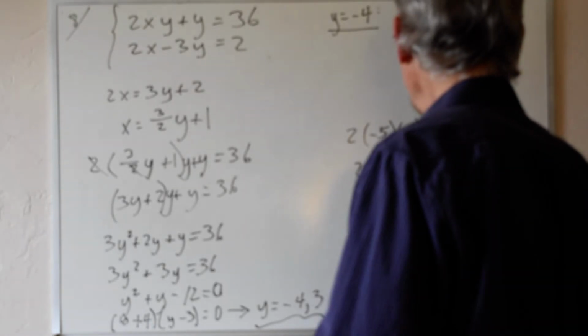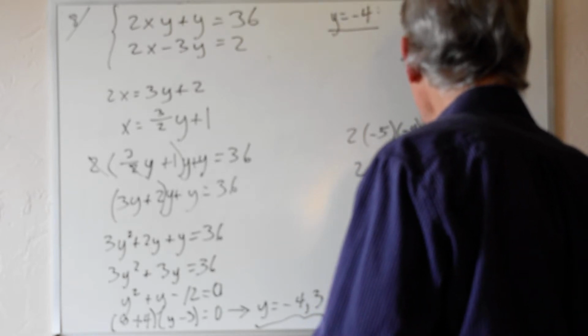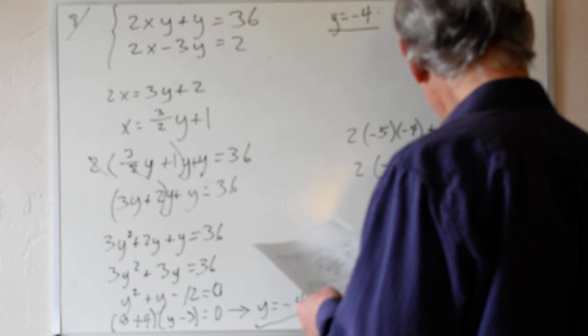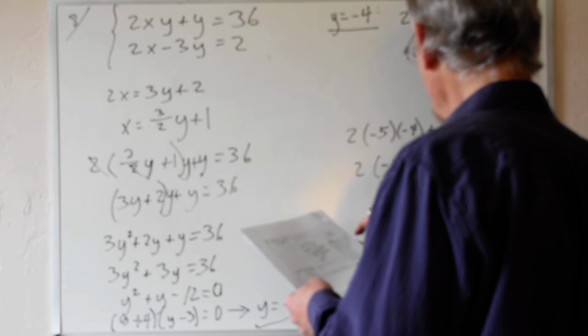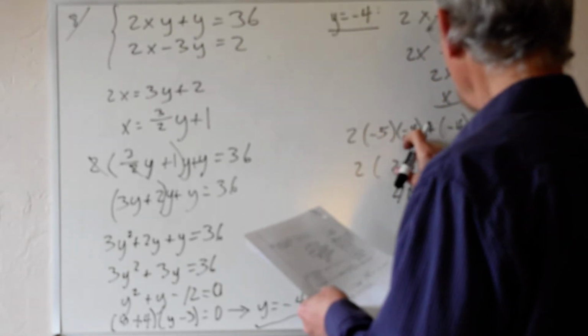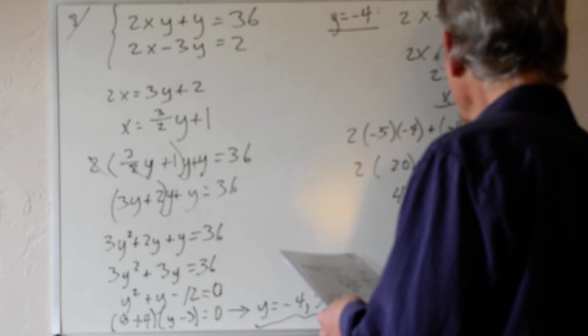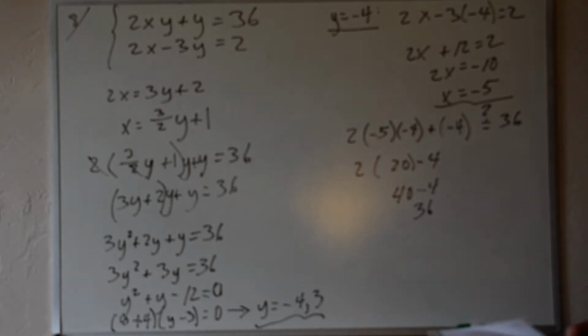Let's see, 2 times -20 minus 4, so it's -40. Something's wrong. It's +40, right? Because negative times negative gives me positive 20. Okay, so that checks out.